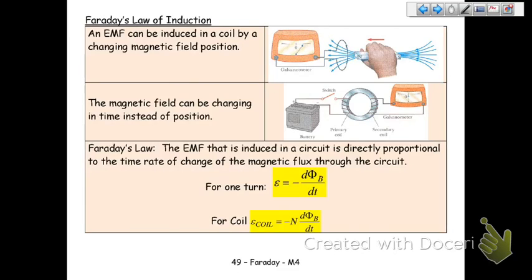And what we noticed about this is that, ironically, when the magnet is stationary, even if the magnet is right in the coil, we don't get any current flow whatsoever. It's not about the strength of the magnetic field. It's about the rate at which that magnetic field strength changes in time.